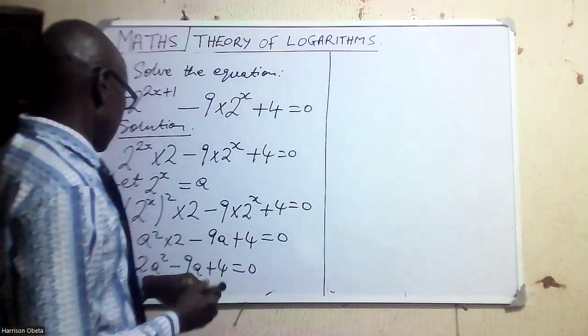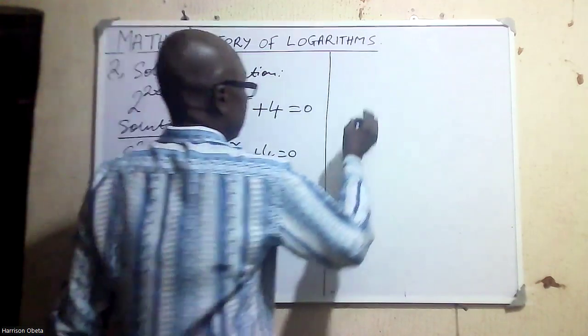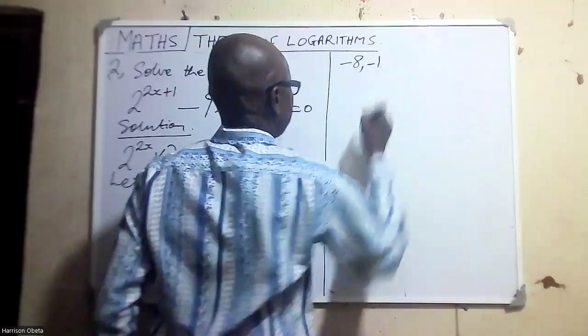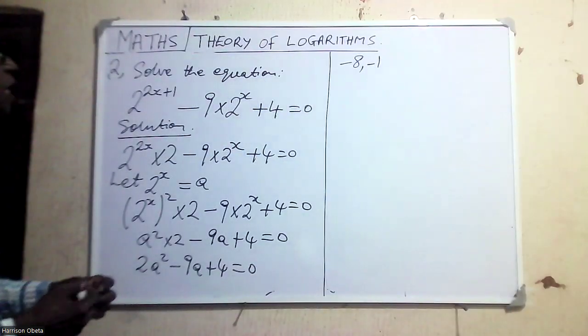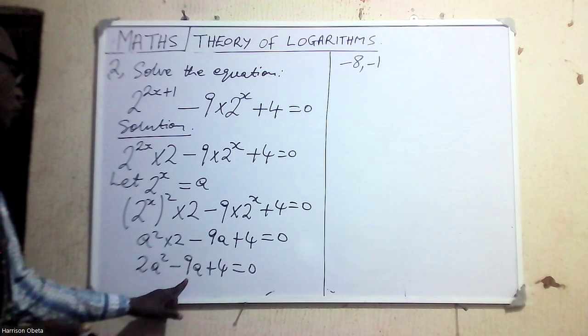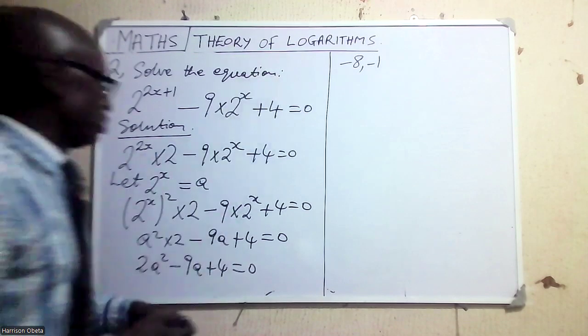And I think what we are supposed to get is minus 8 and minus 1. So minus 8 times minus 1 is plus 8, while minus 8 minus 1 is minus 9. So this will break this down to involve those two values.